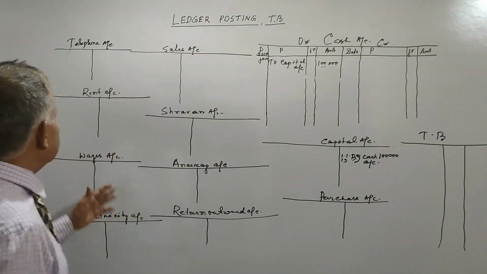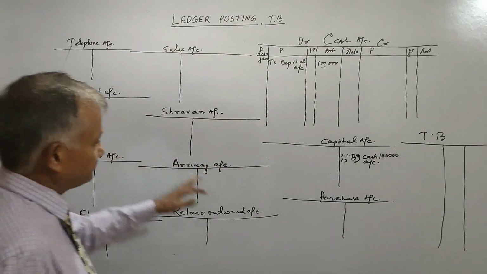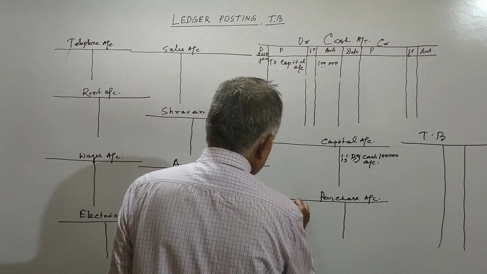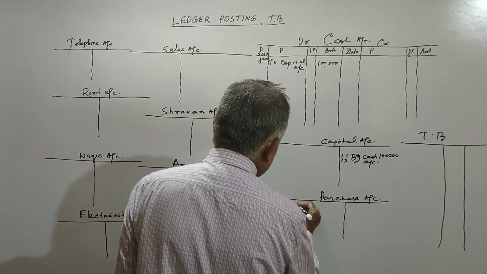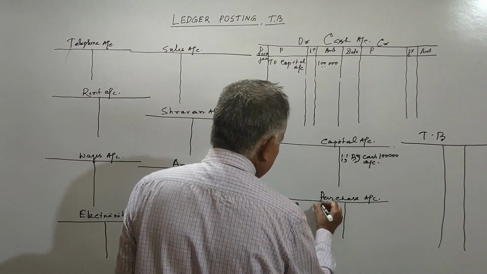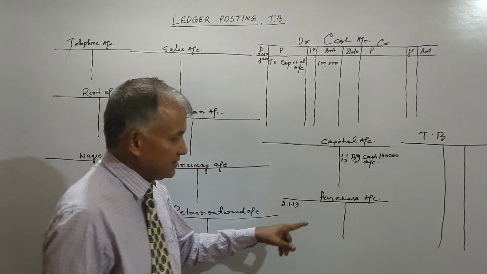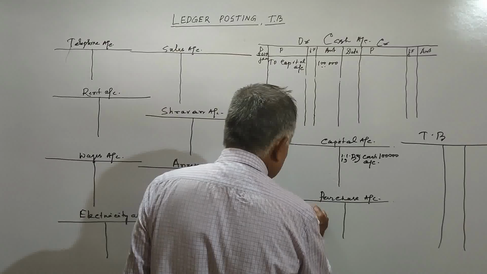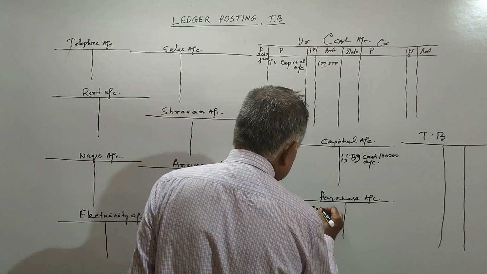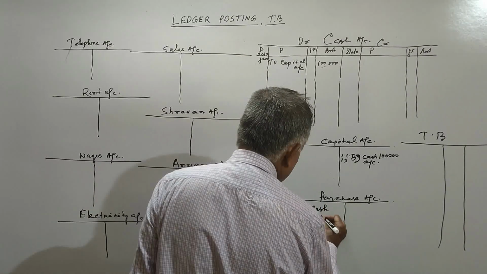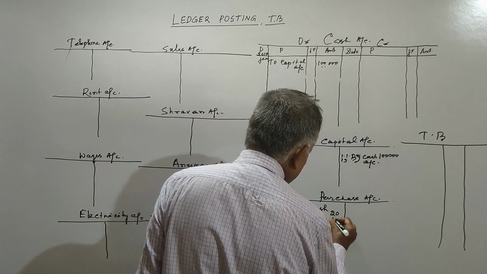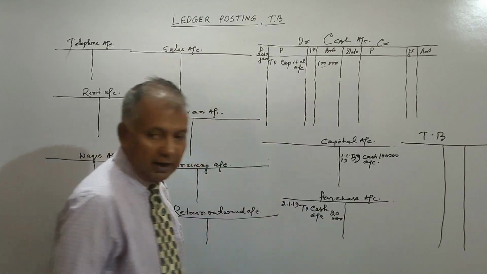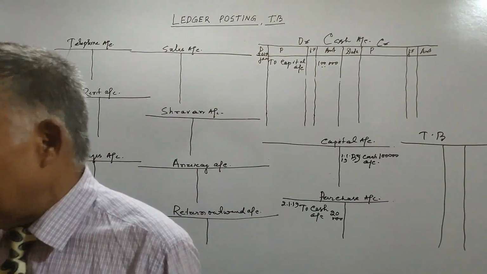Similarly, on the second, bought goods, purchase account debit to cash. So go to the purchase account. This is on 2/1/19. Purchase account debit, this is the debit side. Write the other account, that is cash, 20,000. So purchase is 20,000.